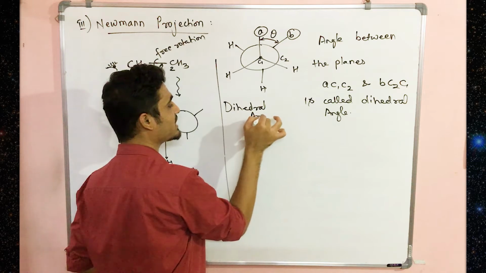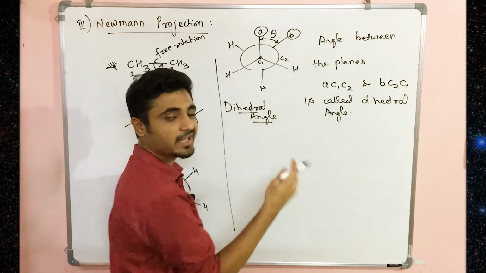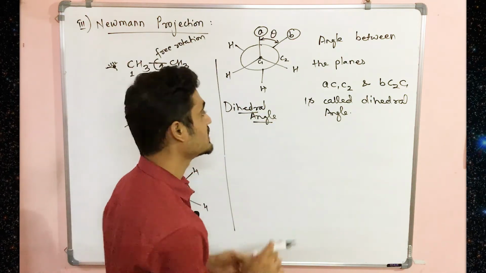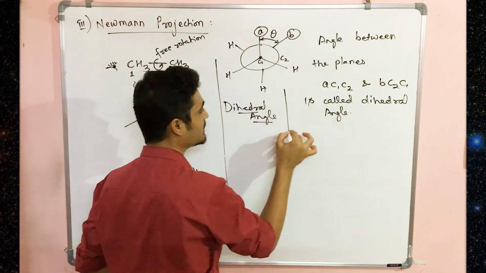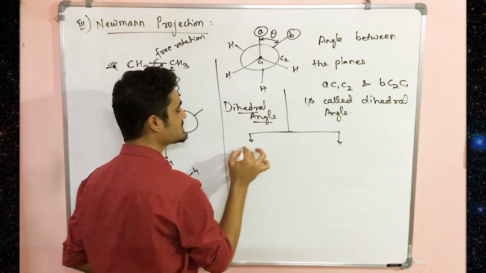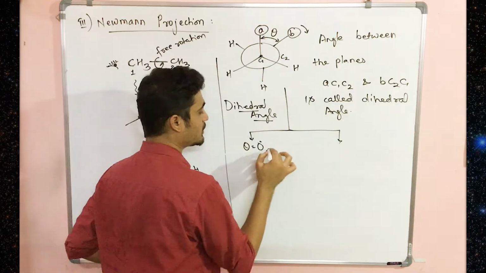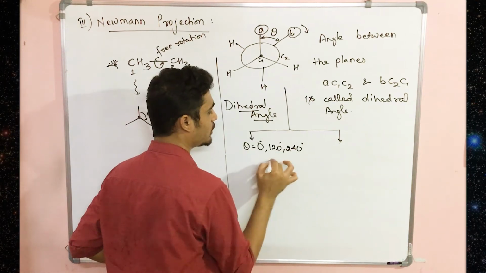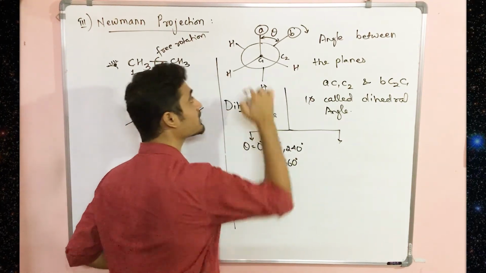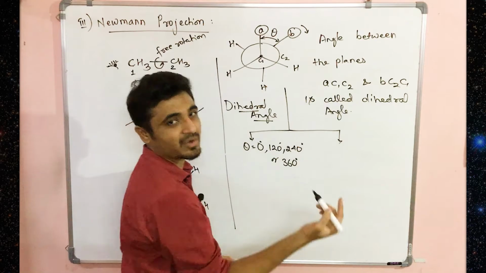On the basis of this dihedral angle, we are going to name a few particular types of shapes. Now you tell me, if this dihedral angle is suppose 0 degrees or 120 degrees or 240 degrees or 360 degrees, meaning rotate it one complete round, right?